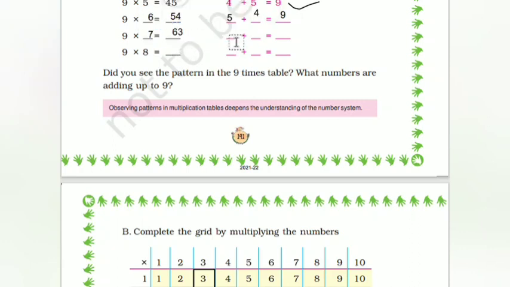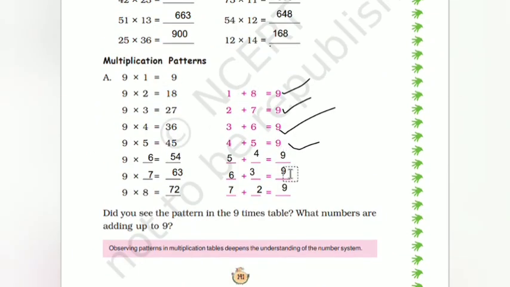This can be written as 6 plus 3, that is equal to 9. Again 9 times 8, we got the answer 72. It can be written as 7 plus 2, that is equal to 9. Okay, did you see the pattern in the 9 times table? What numbers are adding up to 9? So, these are the numbers that are being added to get the result as 9.